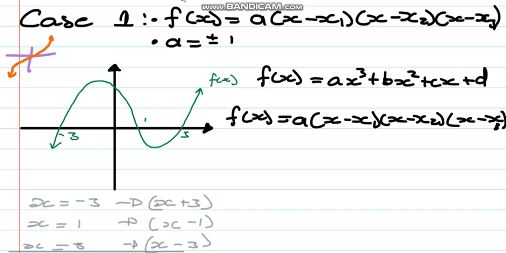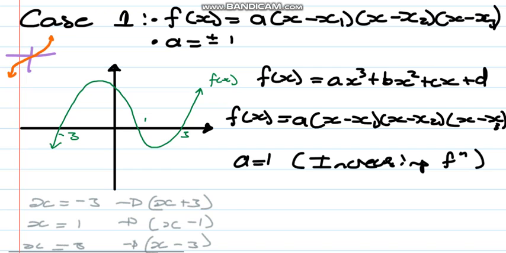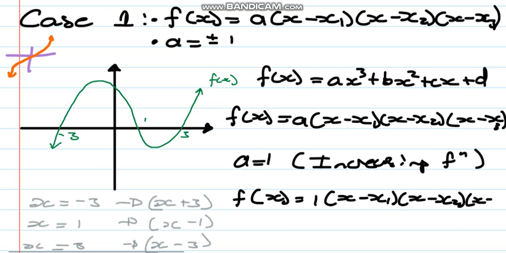But here the graph is increasing, so we can say our a is equal to 1. Justify everything you write: it's an increasing function, you saw that from the graph. Then you're left with (x minus x1)(x minus x2)(x minus x3).